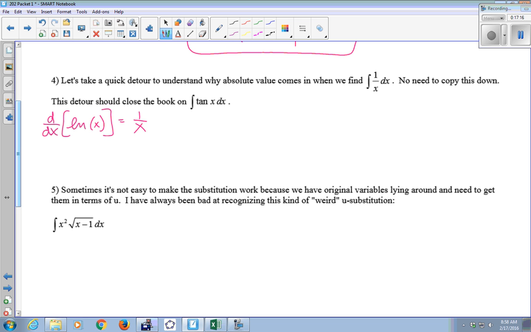But this is actually only true for positive x's. Otherwise, the ln isn't even defined, right? The natural log function only exists for positive numbers. So this is only for x positive. If I want to take an antiderivative of 1 over x, you get ln x, but only if x is positive. What if x is negative?